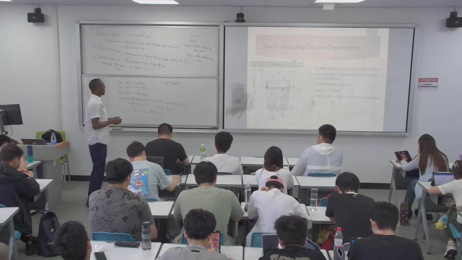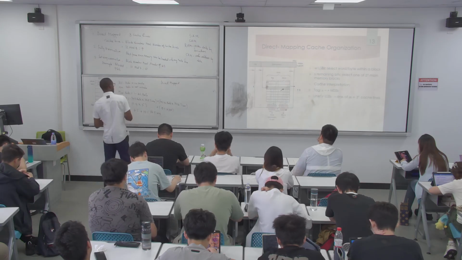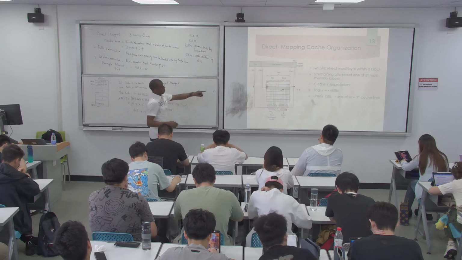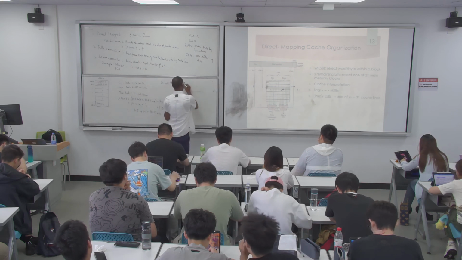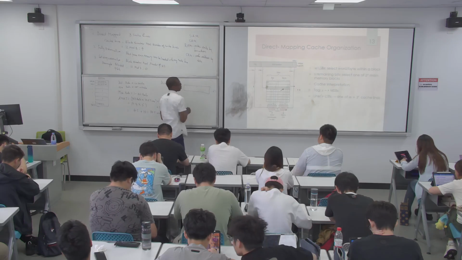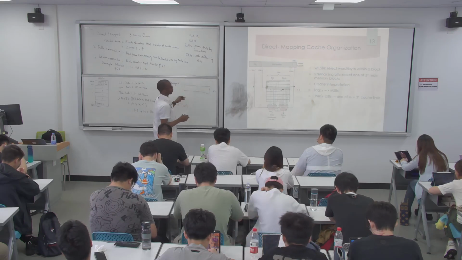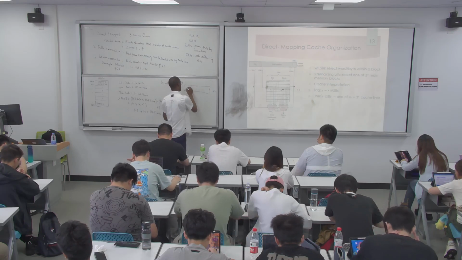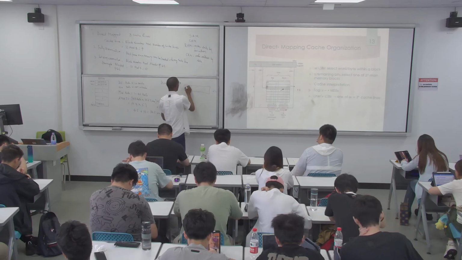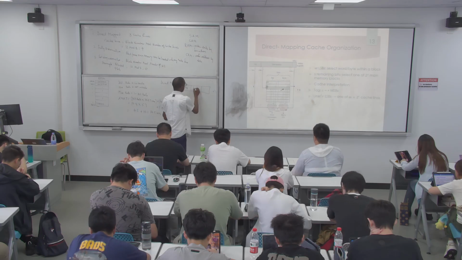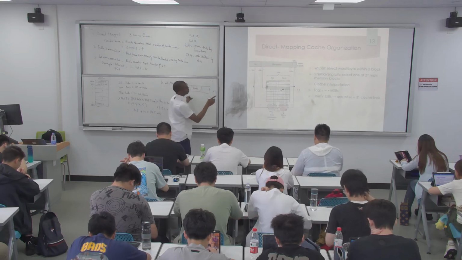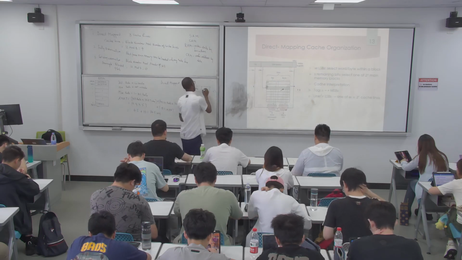Now, we have an address from the CPU. This is for the direct mapping cache organization. We have the tag here, then we have the index, then we have the offset.